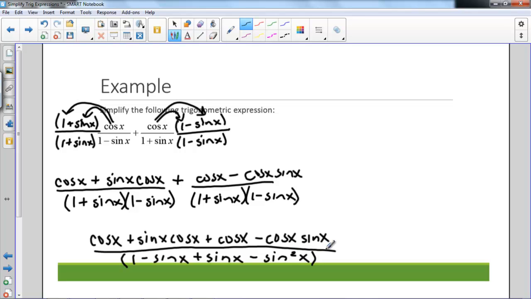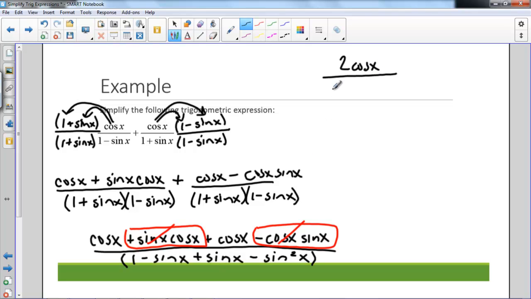Okay, if we look and see what we have on the top, we'll see that we have a plus sine x cosine x, and we also have a minus cosine x sine x. These two terms are going to cancel out. And on top, I'm left with 2 cosine x.